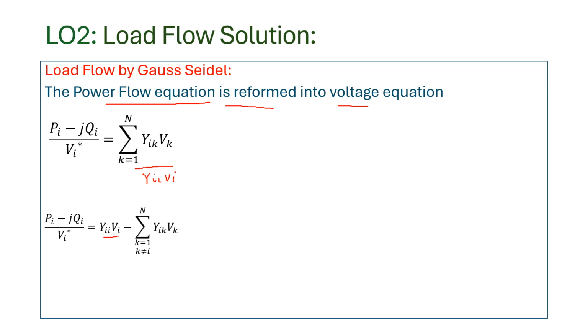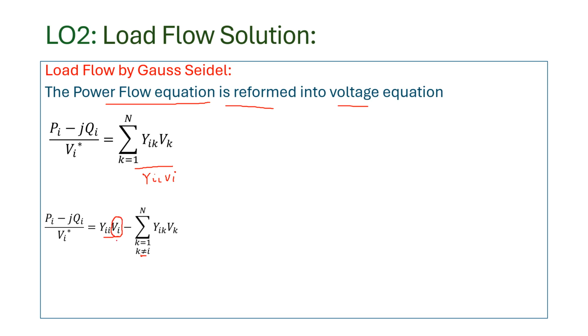So this one term is taken outside, and the rest of the terms are still kept in the summation form. So it is written here k is not equal to i, because this term is taken out from this summation. Now from this equation we are getting the equation for this V_i.